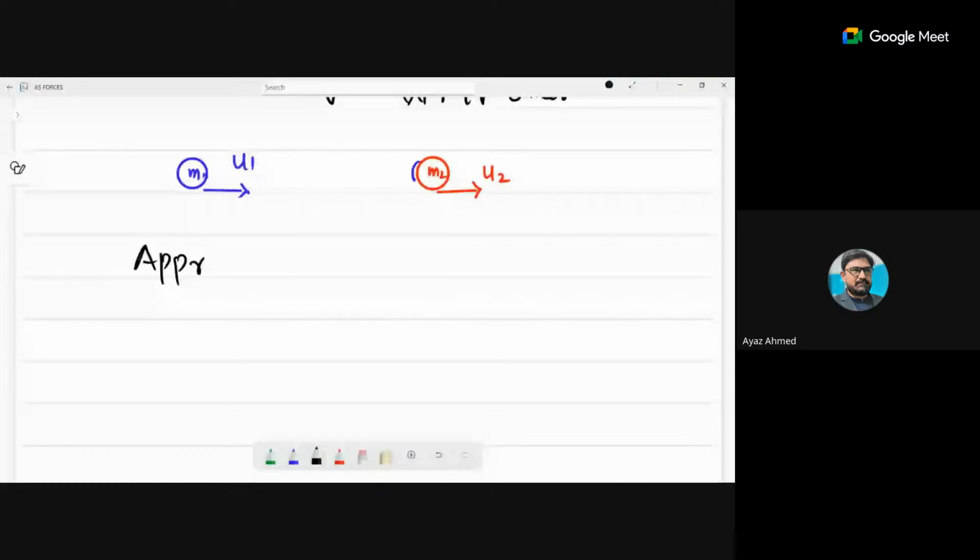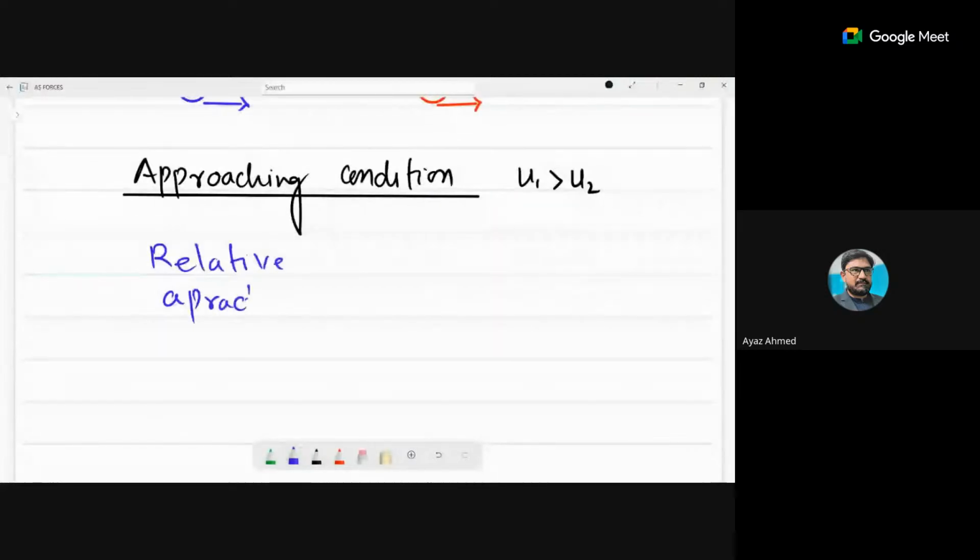So if they are going to approach each other, I can say that the relative approaching velocity is equal to u1 minus u2.